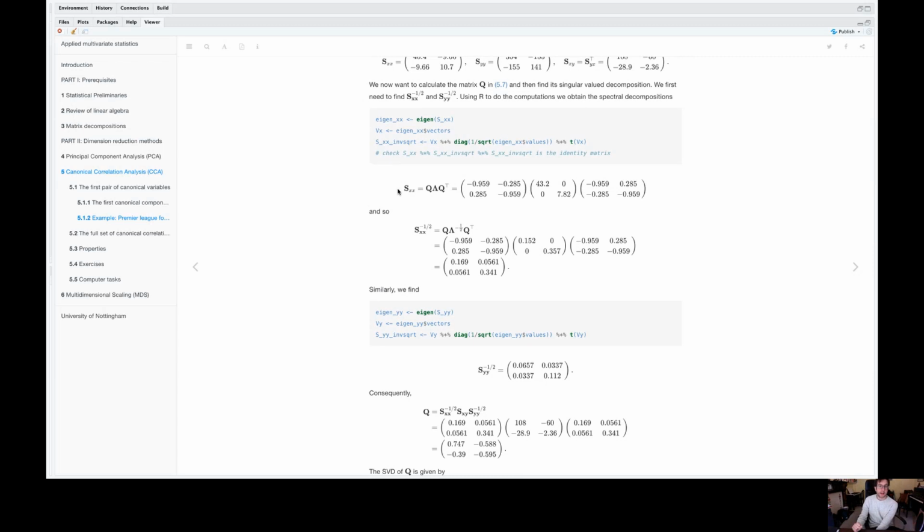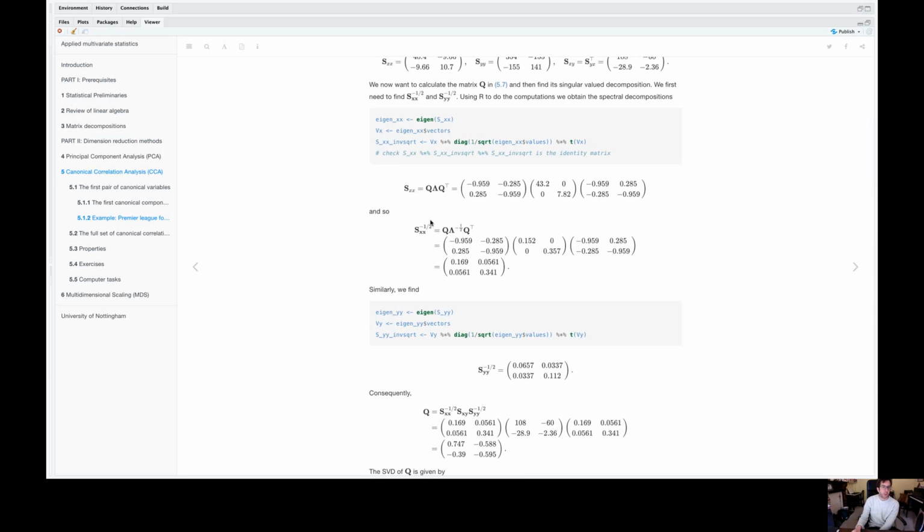One way of doing that is via the eigen decomposition, or the spectral decomposition. We use the command eigen in R. That gives us the eigenvectors, which we put into the columns of Q here, the eigenvalues, which we're going to call lambda, the diagonal matrix here, and then Q transposed.